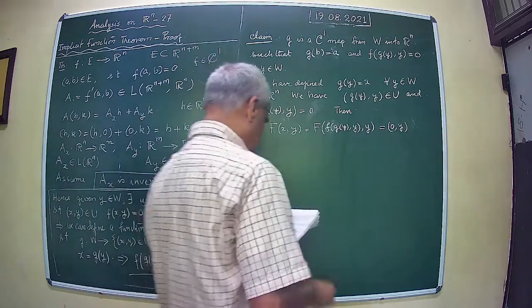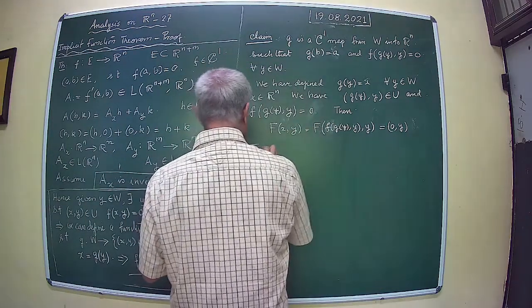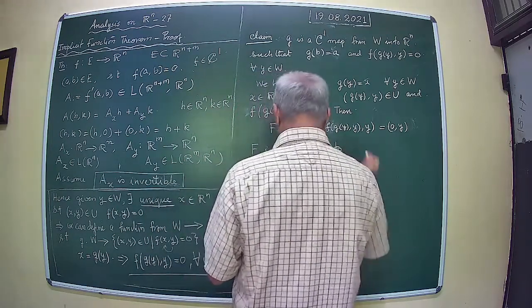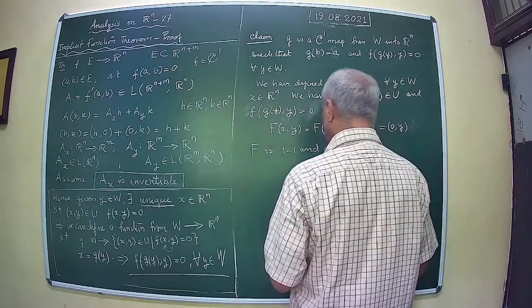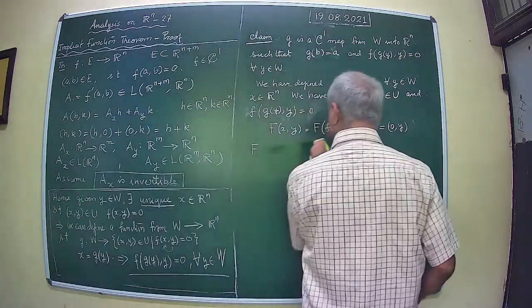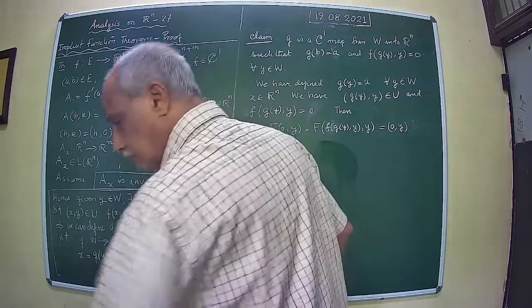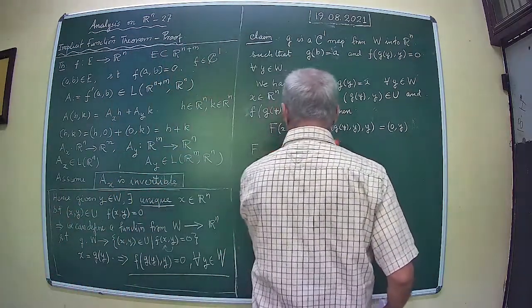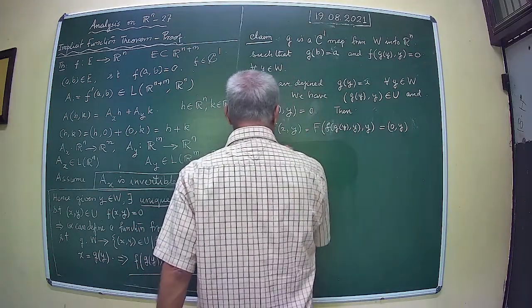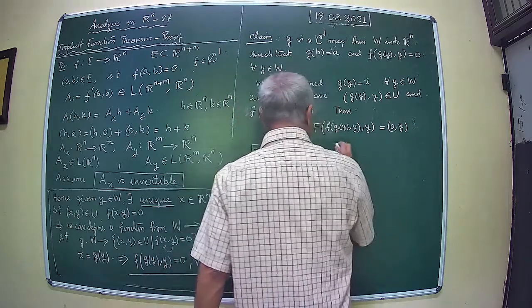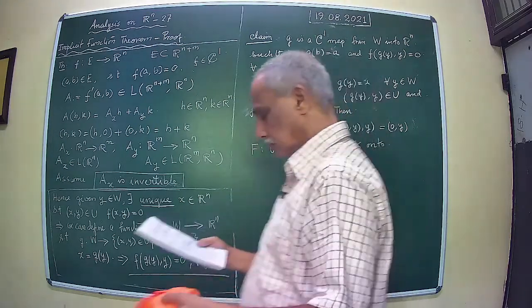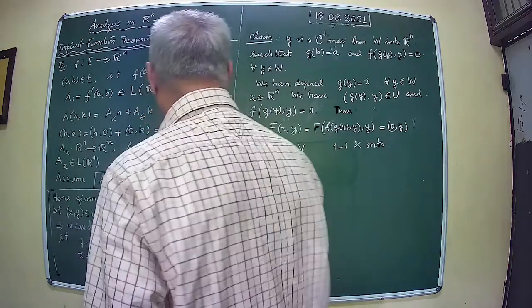Okay. So you have F is 1 to 1 and onto. So F is a map from, let me write, it is 1 to 1. So what do you have?